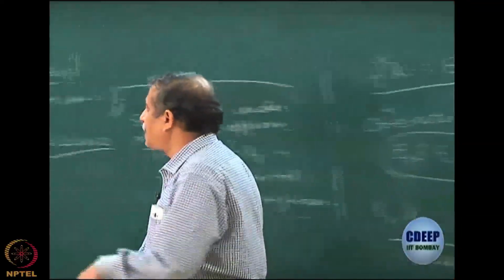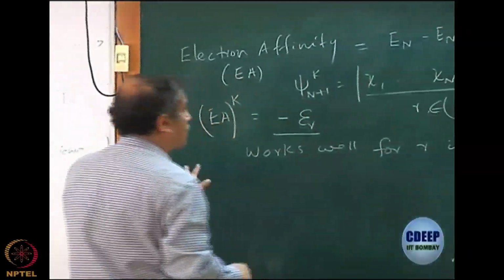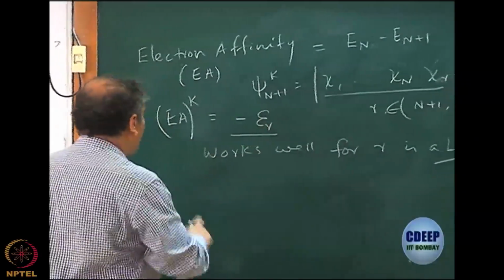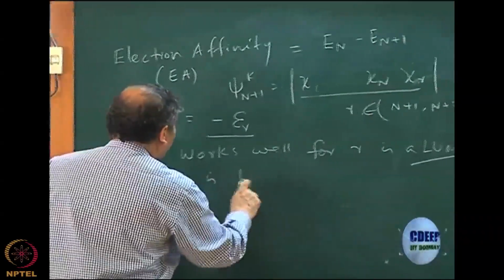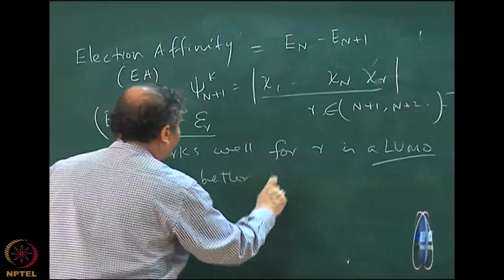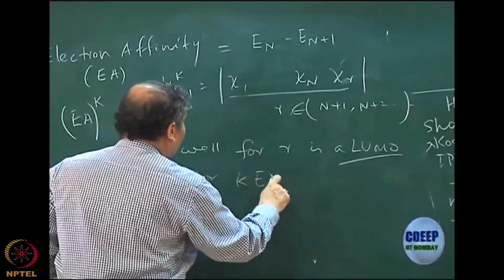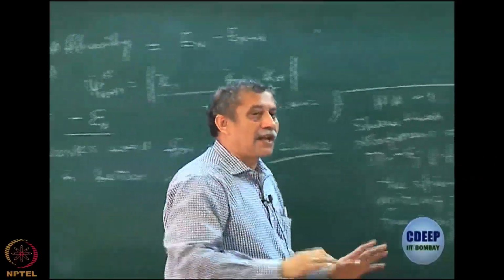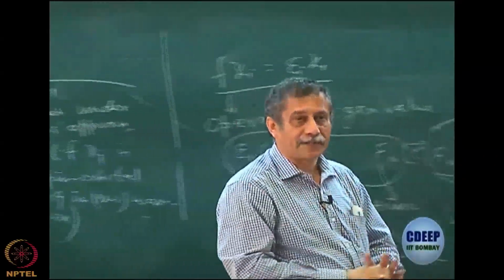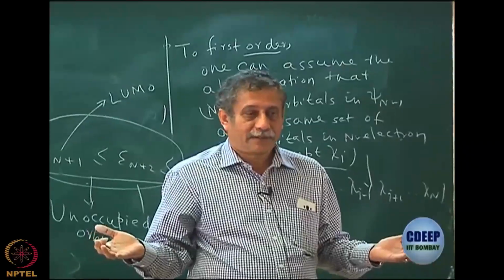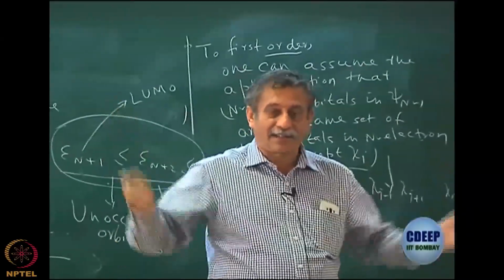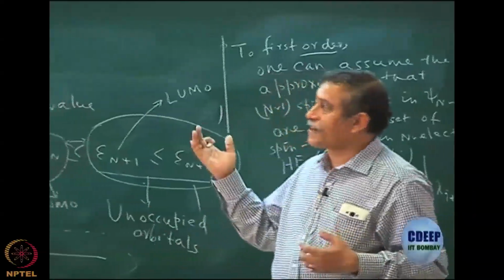The second is that you have two Koopmans approximations, one for IP and one for electron affinity. Koopmans IP is better than Koopmans EA. Between these two approximations, IP works better than electron affinity. If you compare with experiment, the final result, the electron affinity doesn't work so well.